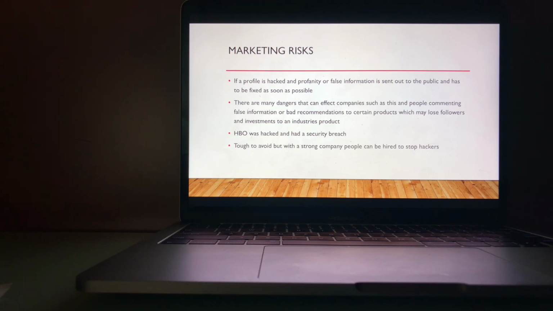So benefits. I forgot to talk about this. Different people or companies or industries that really benefit from these social media accounts would be like news, SportsCenter, updates, television shows, stuff like that.